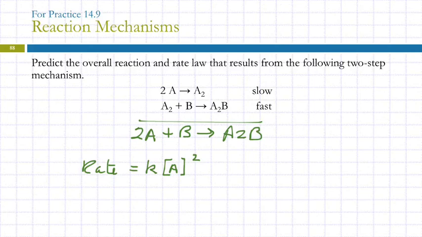So just to be clear, if we're doing the opposite and we don't know slow and fast, and we're given that rate, because that first reaction doesn't have B, and the rate law has no concentration of B, then we would know that the first reaction is the slow one. Yeah. So if you weren't told which one was slow or fast, and they said this is the observed rate law, which of the steps is slow?